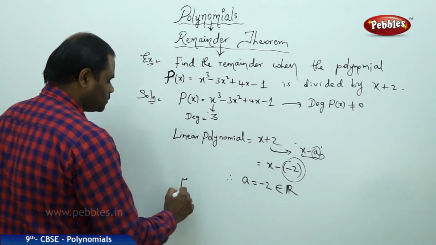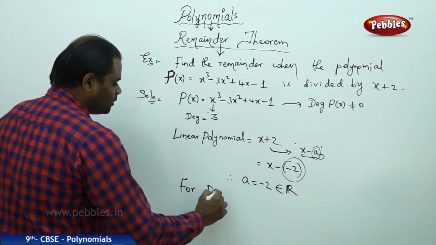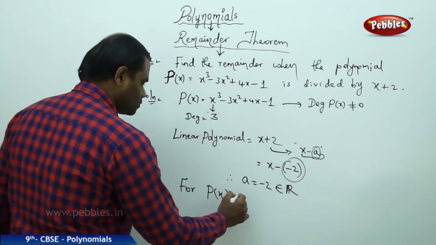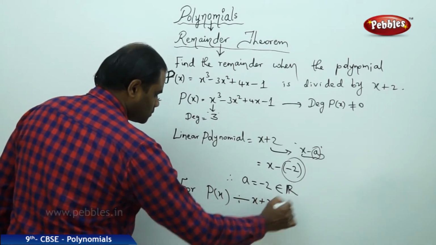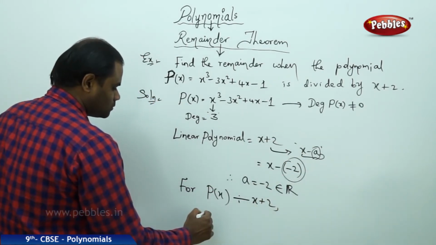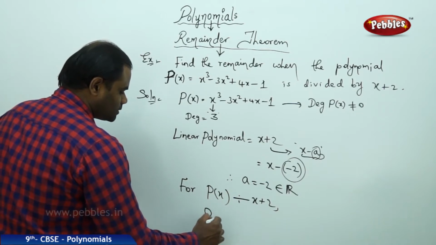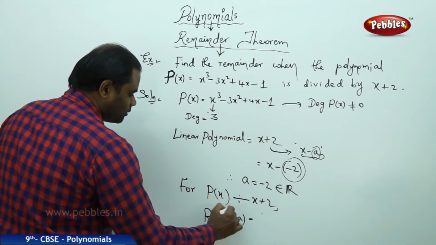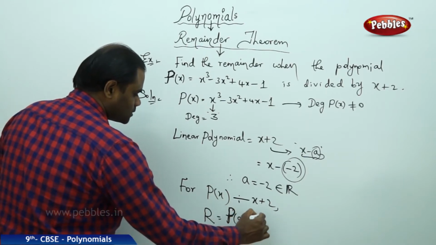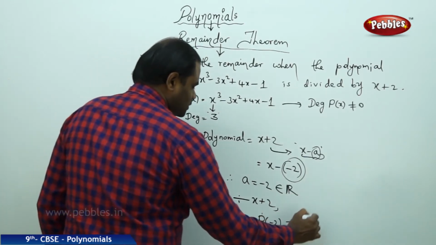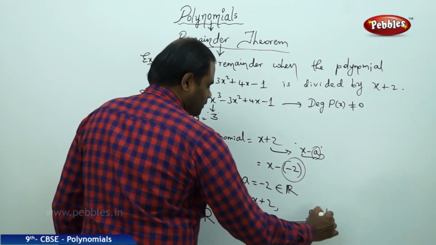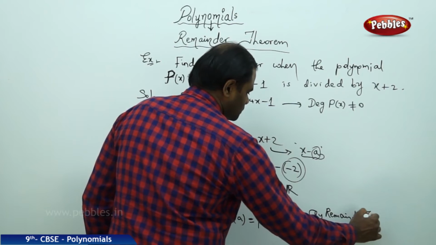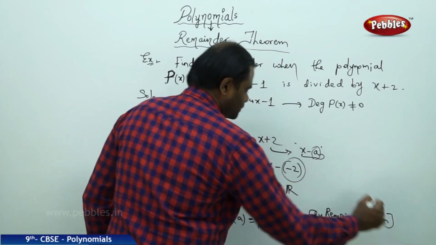Now, for the polynomial p of x, when divided by x plus 2, the remainder is f of a, or p of a, or this is p of minus 2. This is strictly by remainder theorem.